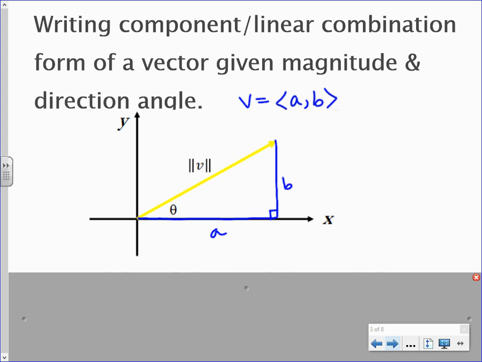Okay, I want you to think of the sine and cosine ratios. Our cosine ratio. Eli, what is it? Our sine ratio. Marissa, what's our sine ratio?